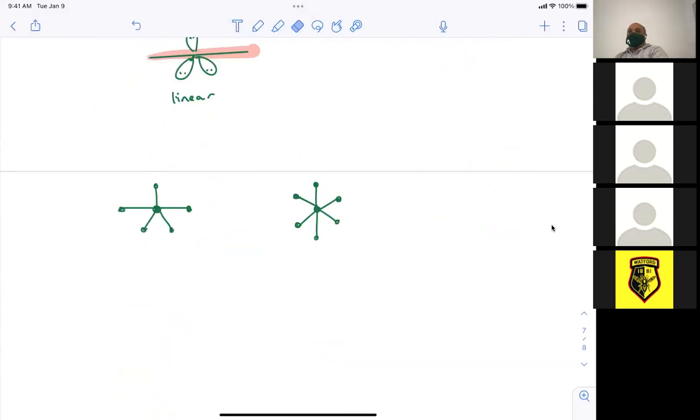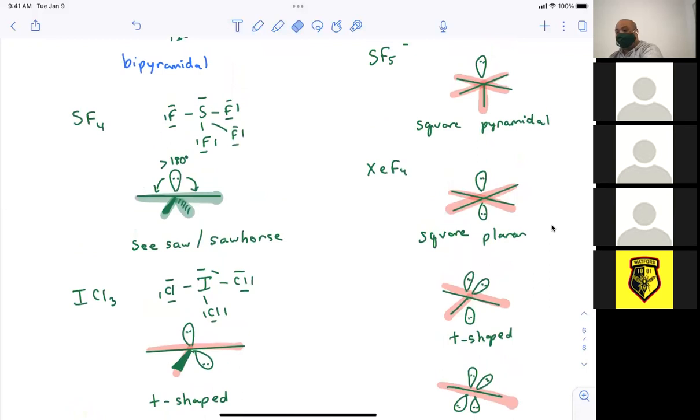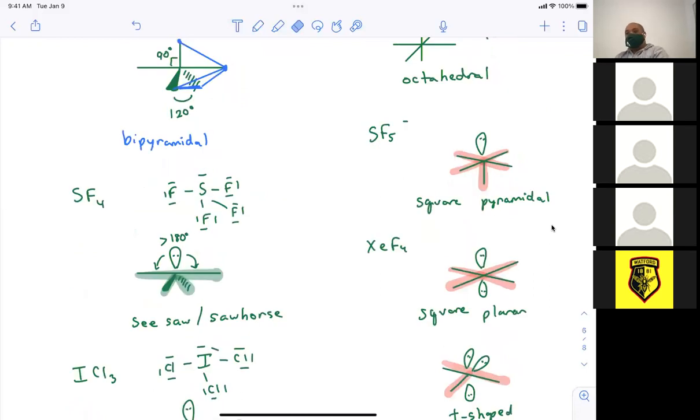Can you go back to the square pyramidal? Yes. So now it's SF5 minus 1 as SF7? Correct. And that electron domain can be either 2 electrons or 1 electron. No, it will be 2.